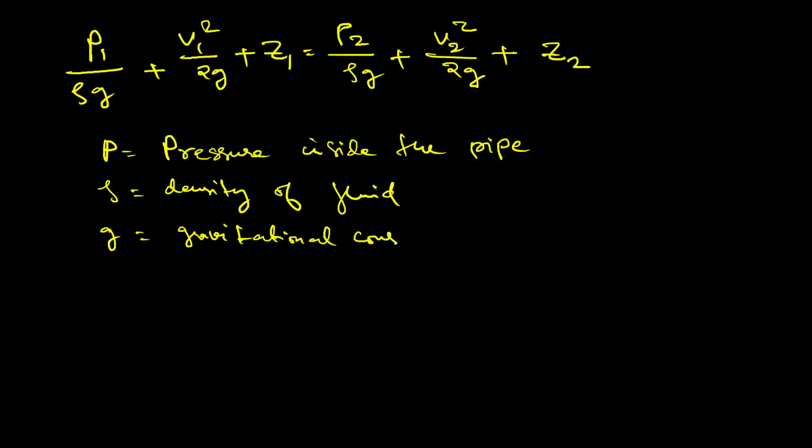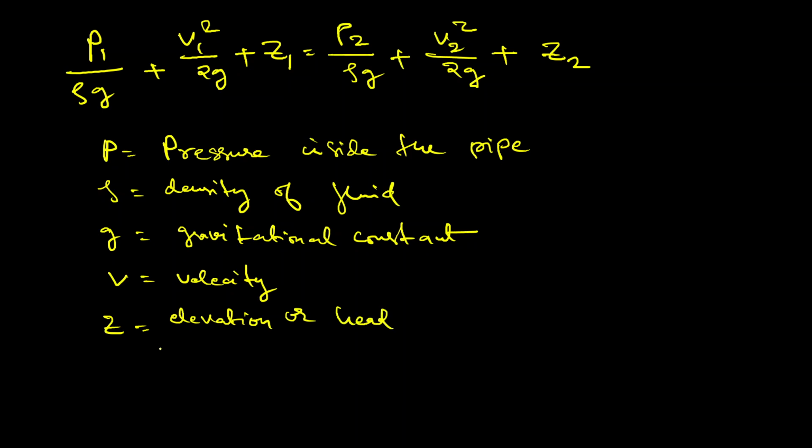V defines the velocity, and Z defines the elevation or head. A defines the cross-sectional area of the pipe, and D defines the diameter of the pipe.